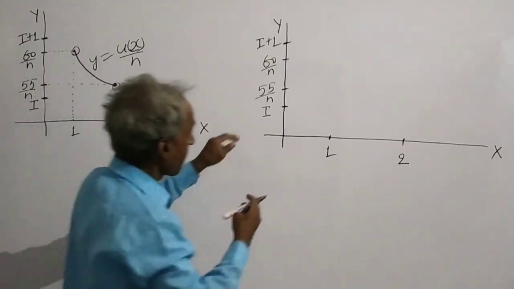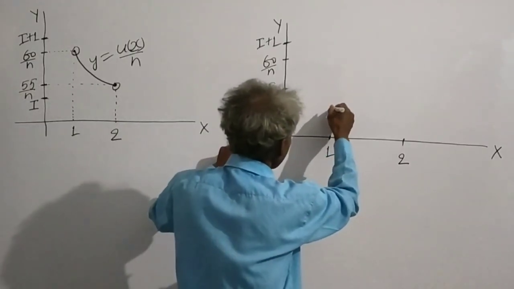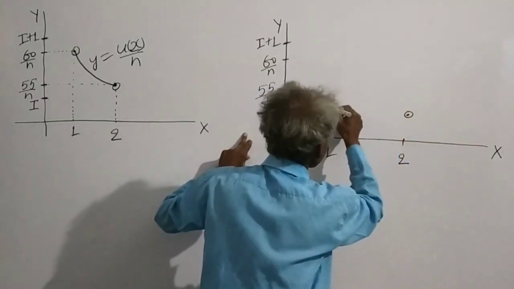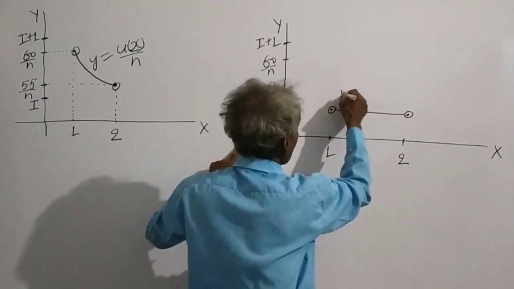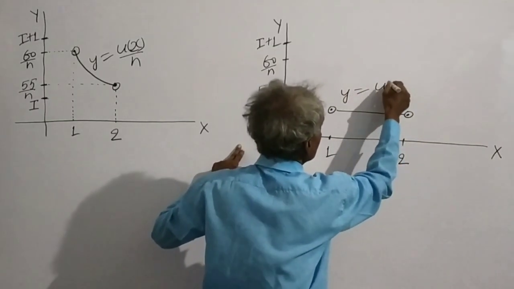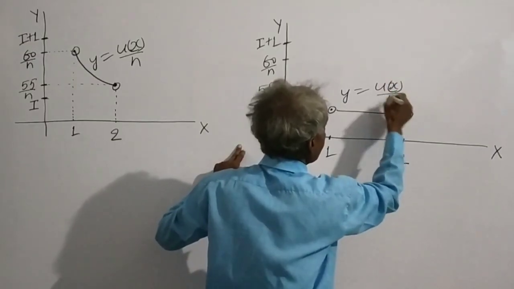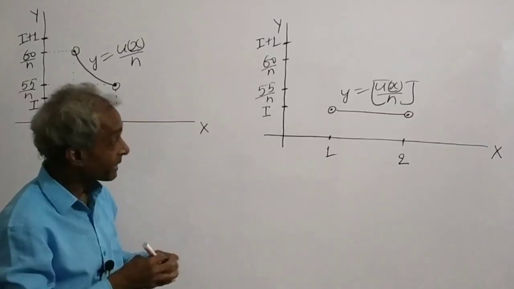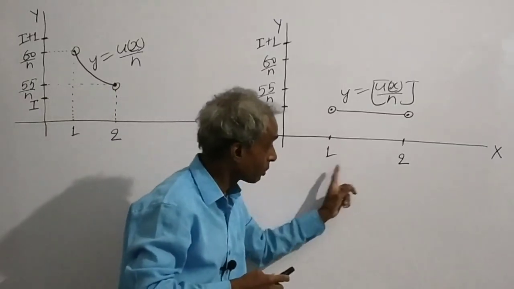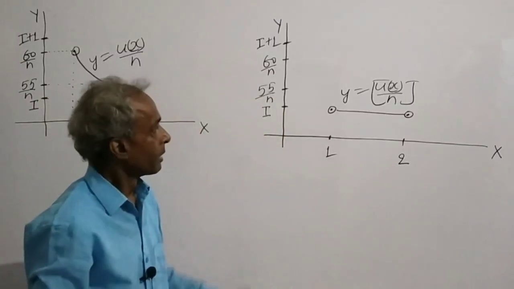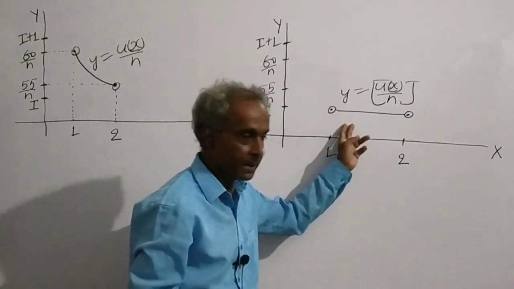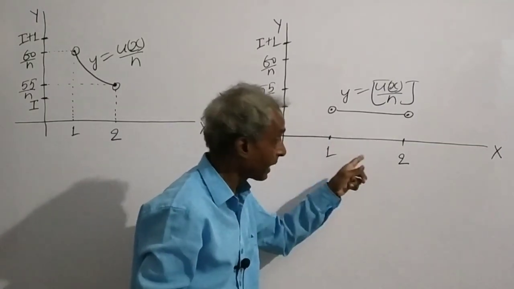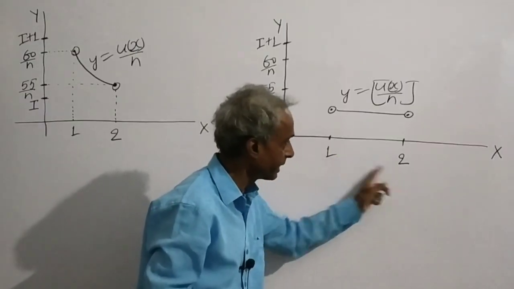Therefore, the graph of y equal to u(x) by n greatest integer will be like this between 1 to 2. That means the graph will be continuous. It will not break at any point in this interval.